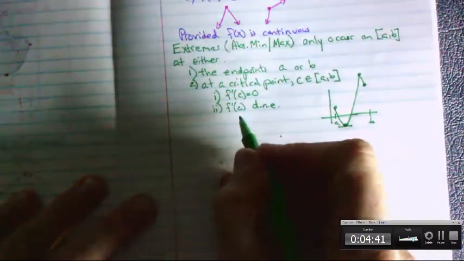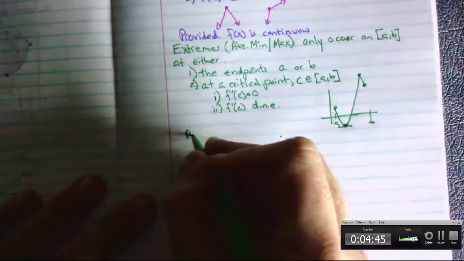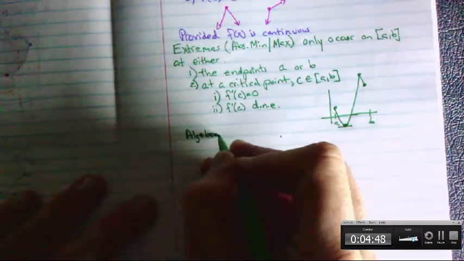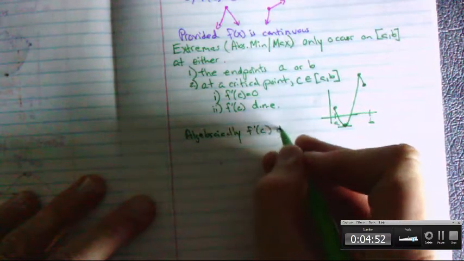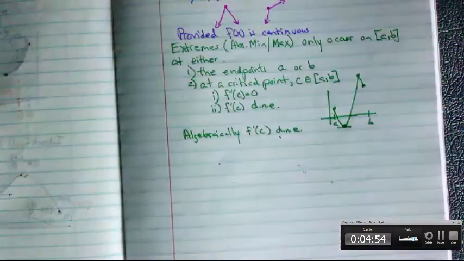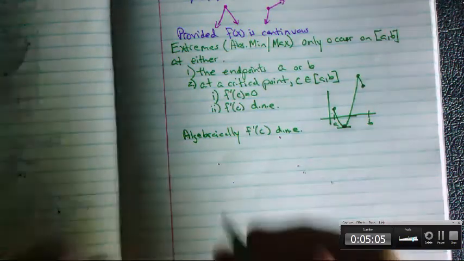Okay? And two things that cause the derivative to not exist. So algebraically, what are the two things that cause a function to not exist? Division by 0 or the square root of a negative. Okay?